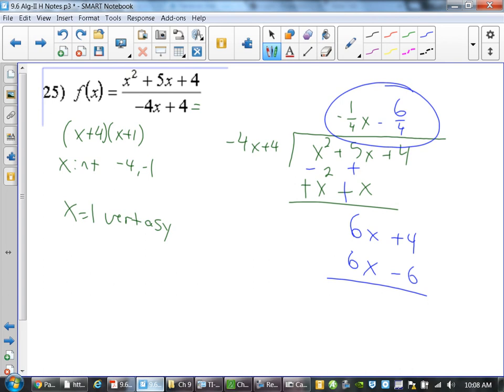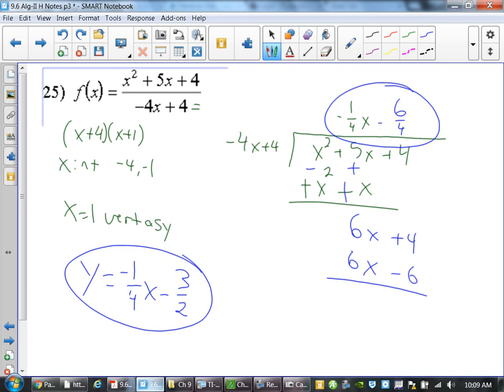So your y equals negative 1/4 x minus 3/2. And that's how you would find your slant. Remember, the trick is, when you're dealing with the fraction ones, whatever that leading term coefficient is, that's going to be your denominator all the time. That's really about as tricky as that gets.